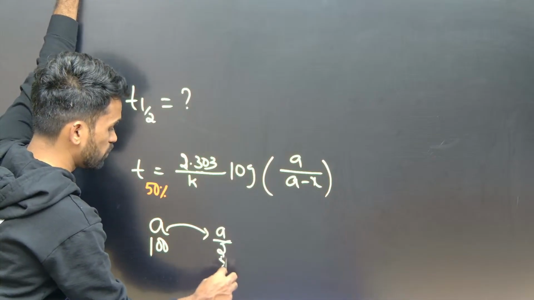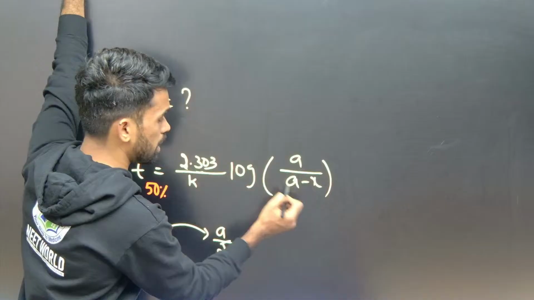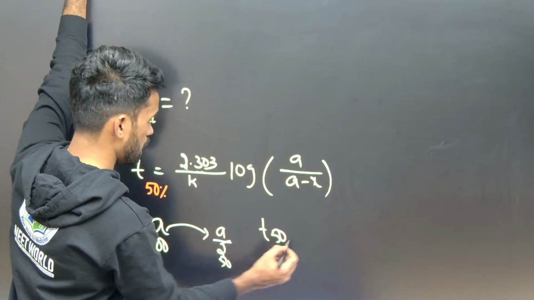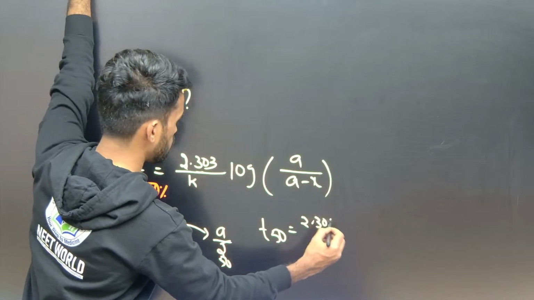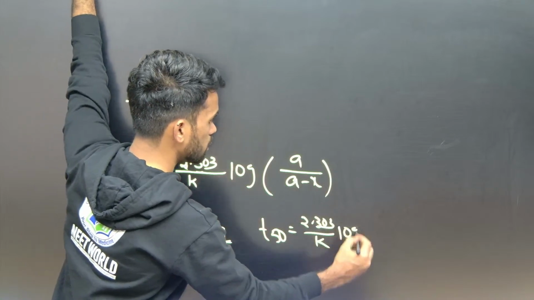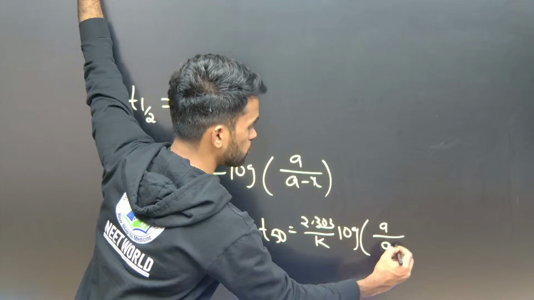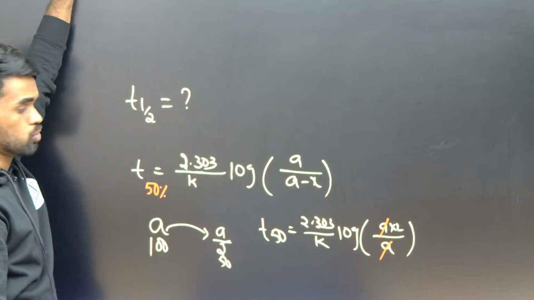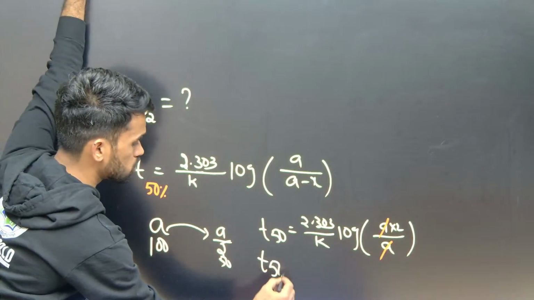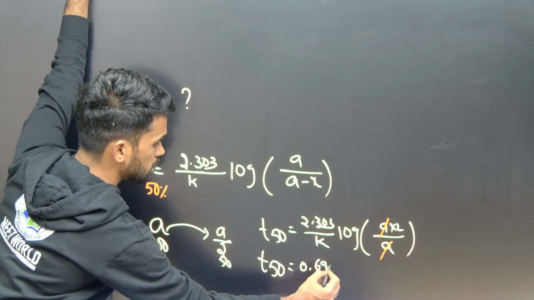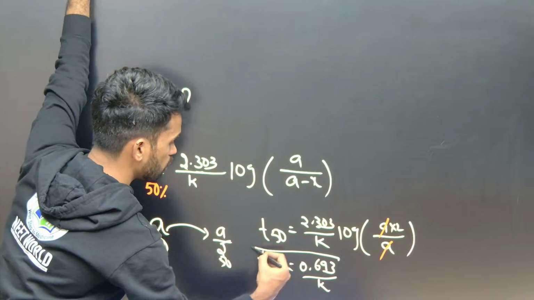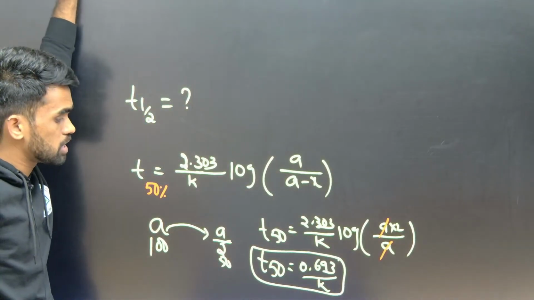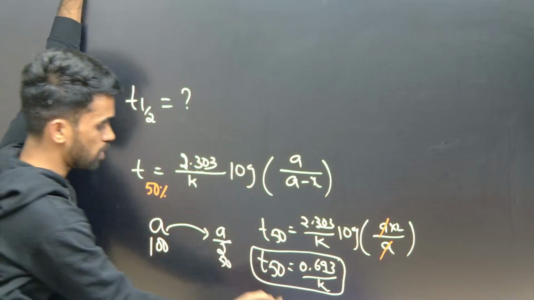So simply you can take A minus x as A by 2. So t50 will be written as 2.303 by K, log of A by A by 2, that is log 2. So you will get t half equals 0.693 by K. So t half of a first order reaction is independent of the initial concentration of the reactant. Okay, this is the formula we will get.